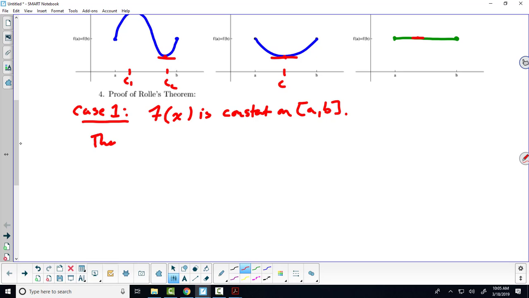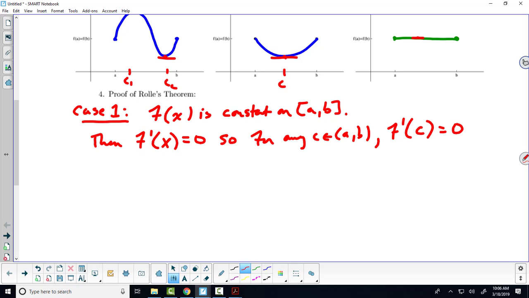Then what's the derivative of a constant? f prime of x is 0, because f is a constant function. So for any c in the interior, the derivative is 0, since the function's derivative is identically 0. That's not a very exciting example, but it's going to allow us to break this up into two additional cases.